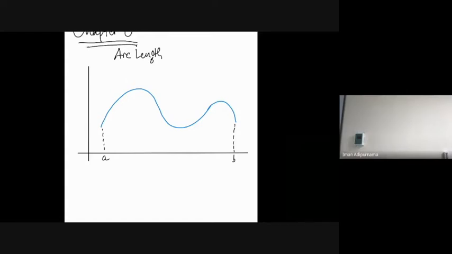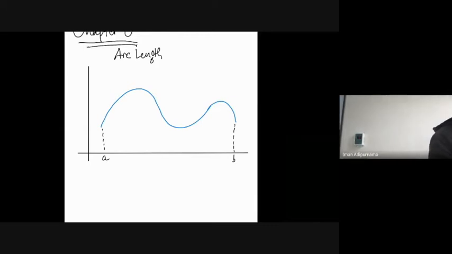But how to measure this? I will give you a short introduction from the textbook, and see if you understand those methods. And I will give you another method so you can choose which way you prefer, okay?